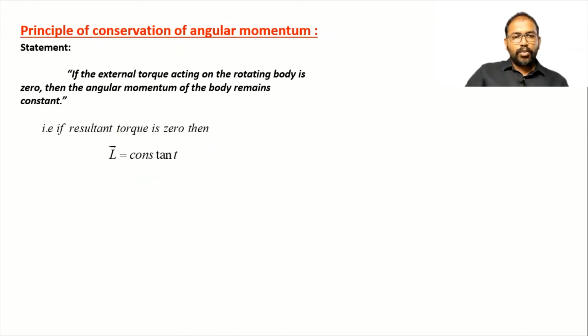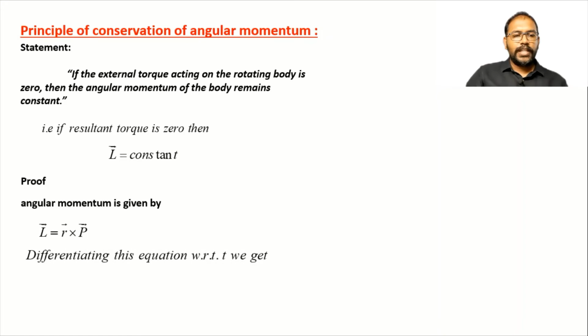Now here we have to prove this. So proof. We start with the angular momentum formula which is known to us. We are writing vector form here: L bar is equal to R bar cross P bar. Now after that, differentiating this equation with respect to t, we apply d by dt to this side, and here d by dt of R bar cross P bar.